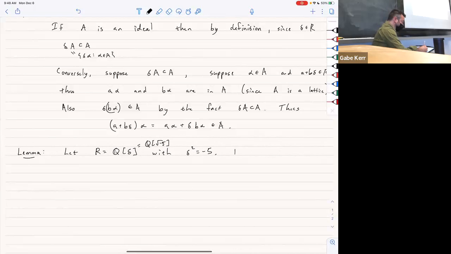So then he just mentions this lattice that I showed you last time, a picture of integer combinations of 2 and 1 plus delta, which is an ideal.